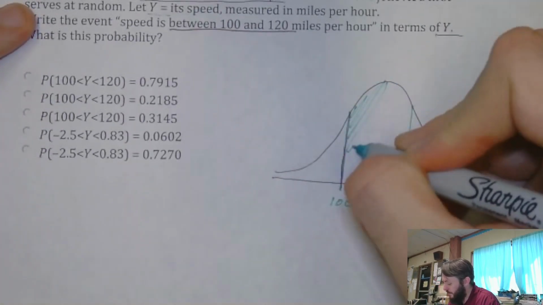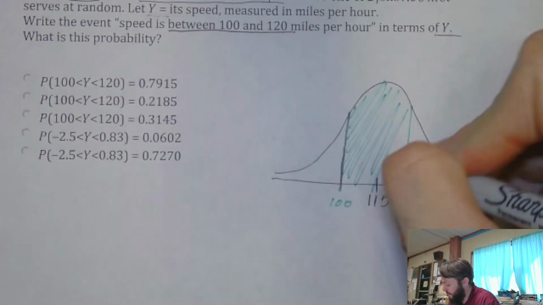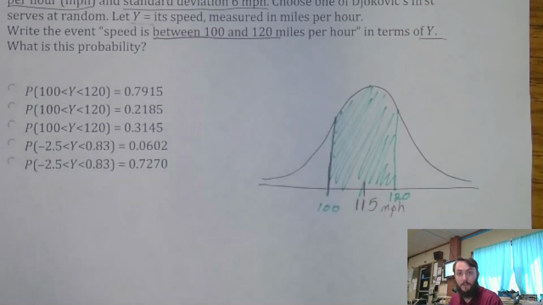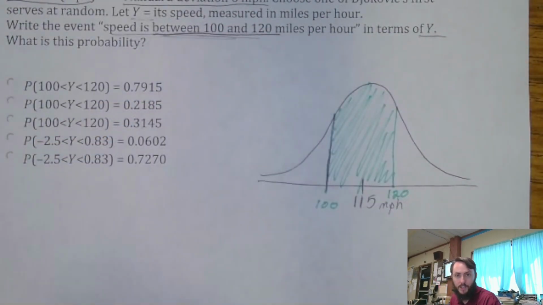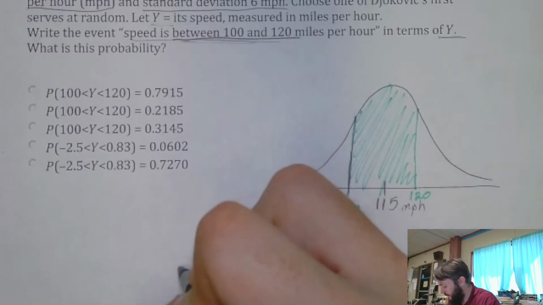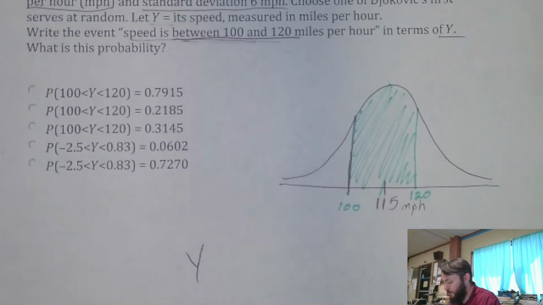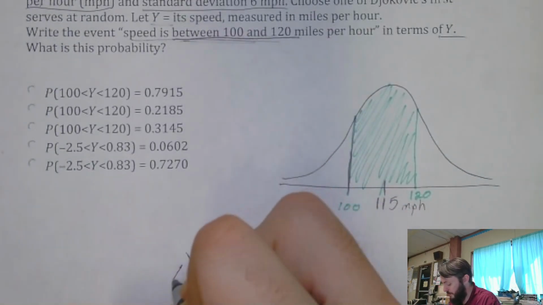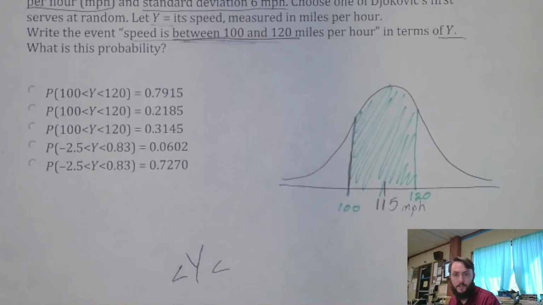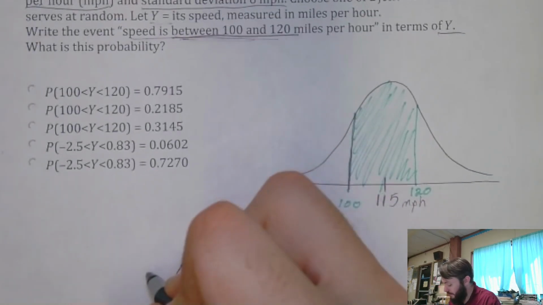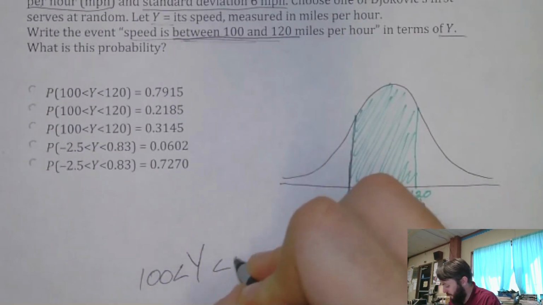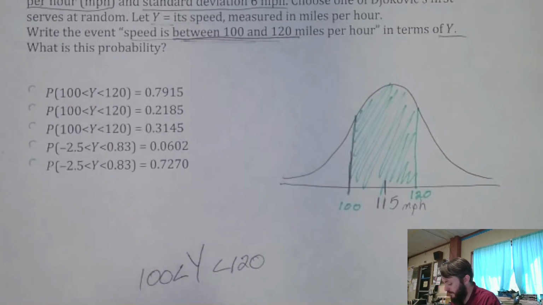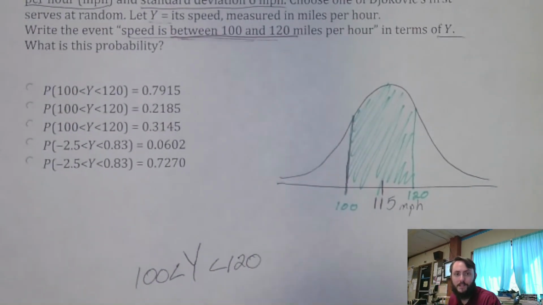Ultimately, we are going to find the probability of this region, but first we need to write the event in terms of Y. Y is between 100 and 120, so Y is going to be greater than 100, but Y will be less than 120. There we go. That's the event in terms of Y.